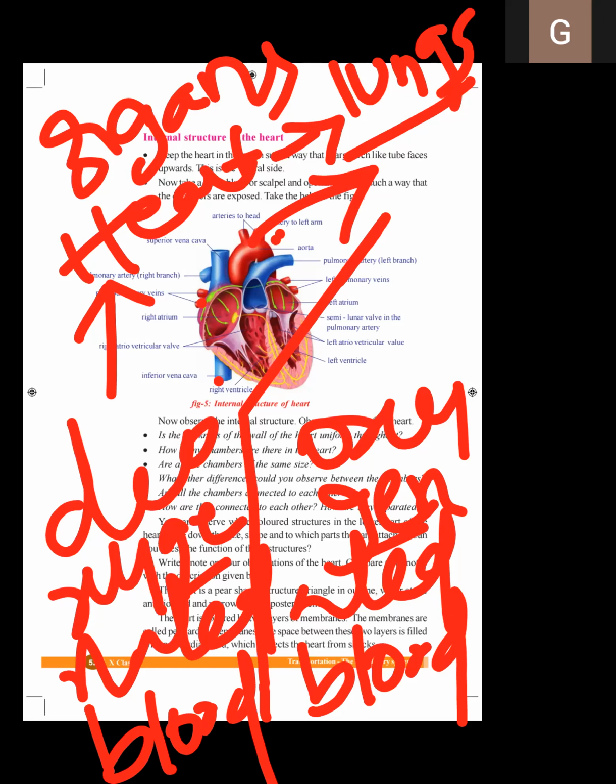This is present at the upper portion of the left ventricle. So this will supply the oxygenated blood to all the parts. So this is how the deoxygenated blood will enter into lungs.